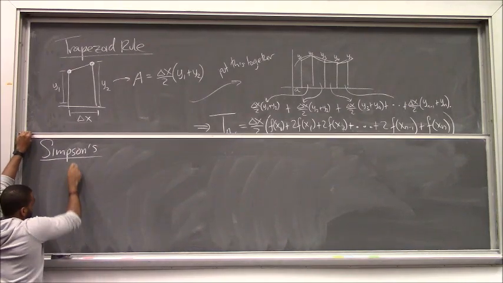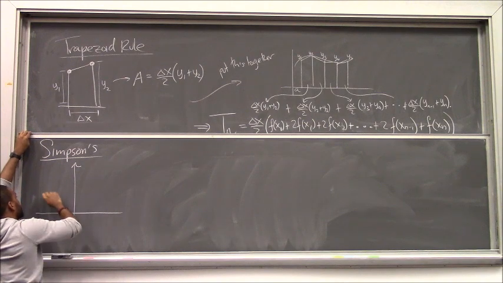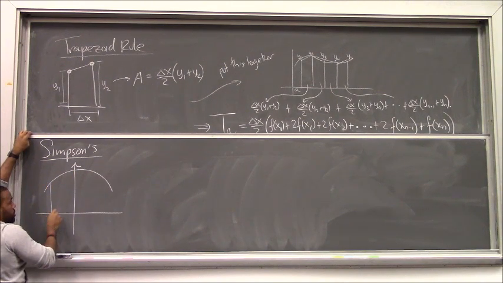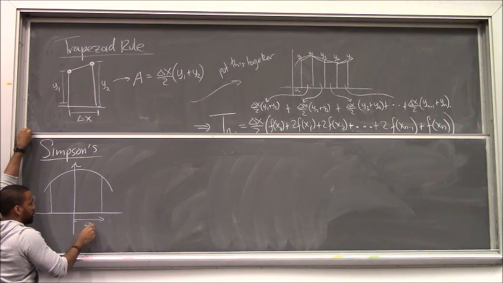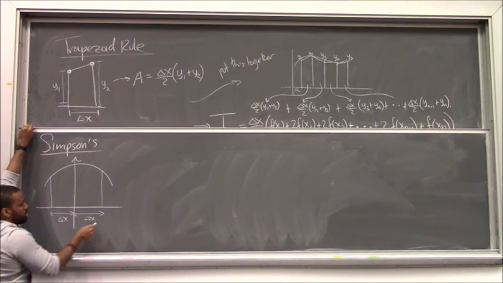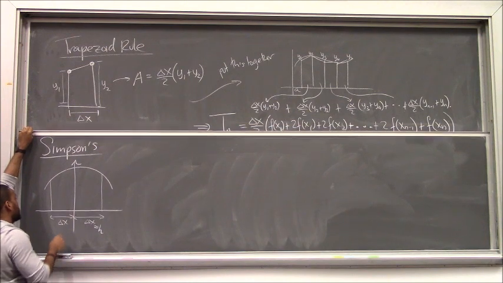First, let me show you how to actually do it. Let's say this is some random parabola here on the interval, where this would be your delta x. That's going to be your delta x. But from now on, I'm going to call it h because it's easier to write than delta x.